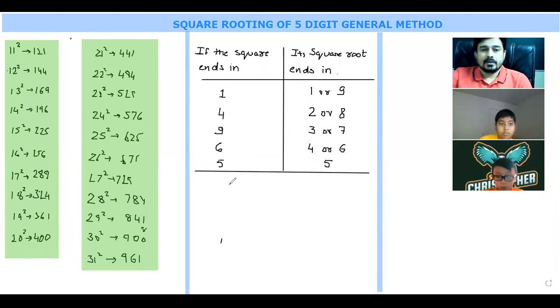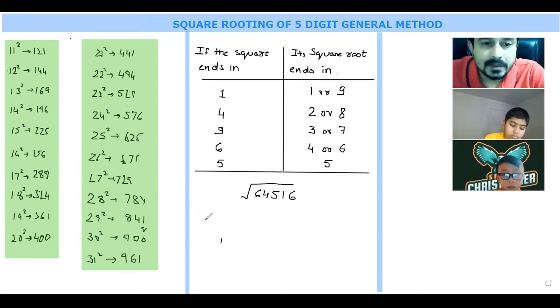Okay, so let us do the first example. Square root of 64516. For finding the square root, we will divide the number into two parts.